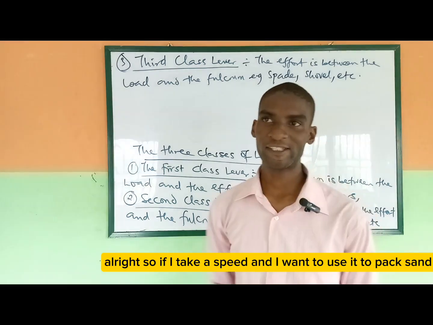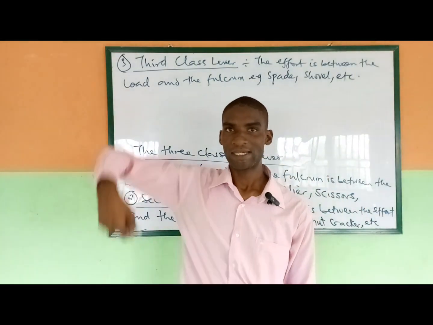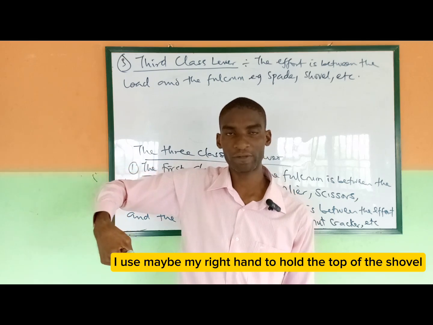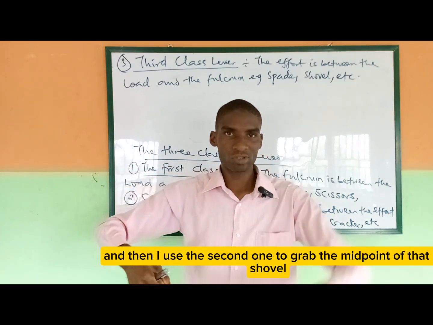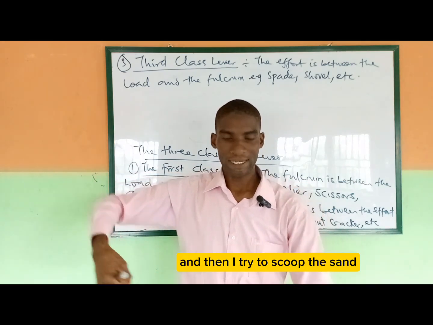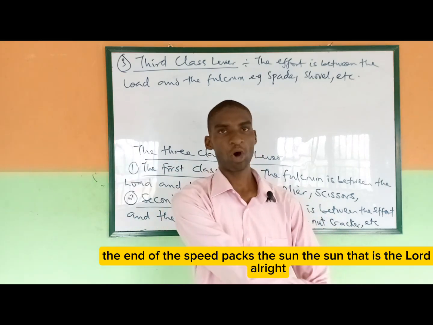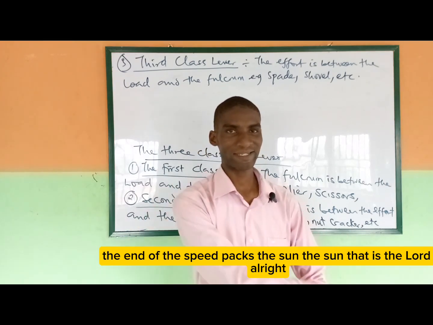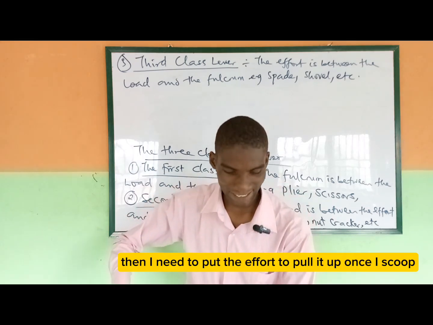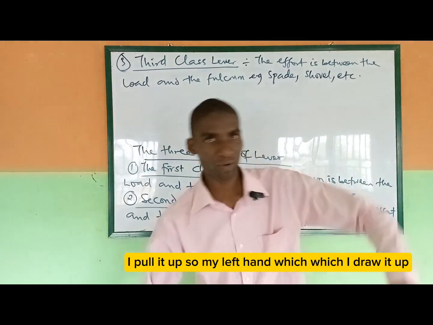Alright, so if I take a spade and I want to use it to pack sand, I use maybe my right hand to hold the top of the shovel, and then I use the second hand to grab the midpoint of that shovel, and then I try to scoop the sand. The end of the spade packs the sand. The sand, that is the load. Then I need to put the effort to pull it up. Once I scoop, I pull it up.